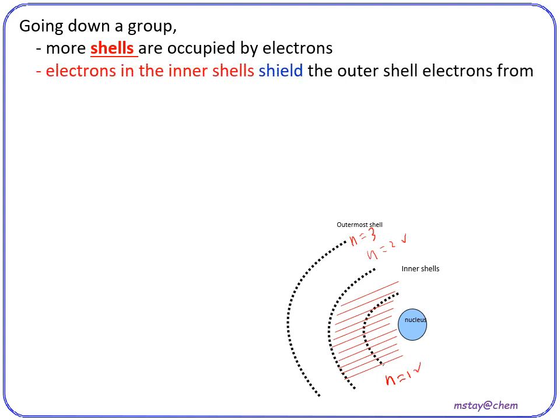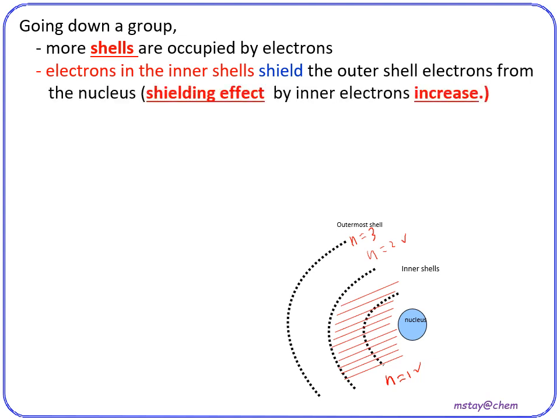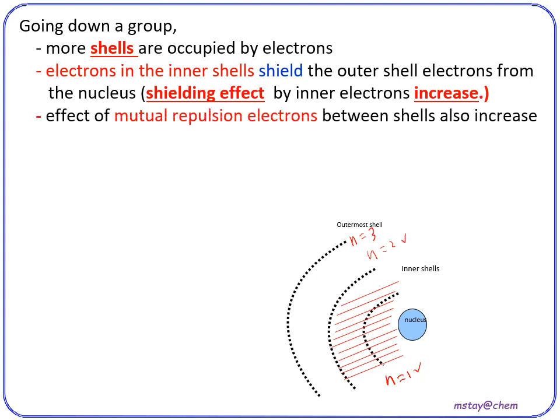Electrons in the inner shell shield the outer shell from the nucleus, so we say that the shielding effect by the inner electrons is increased. When this happens, the effect of mutual repulsion between electrons in different shells also increases.